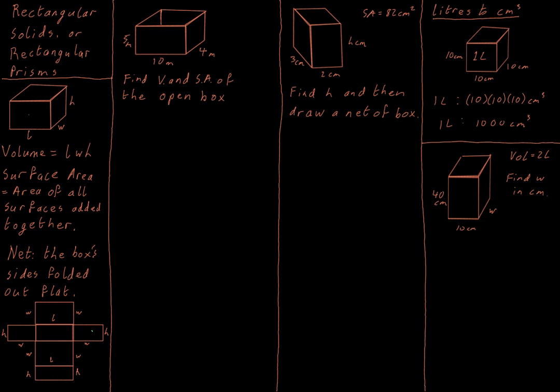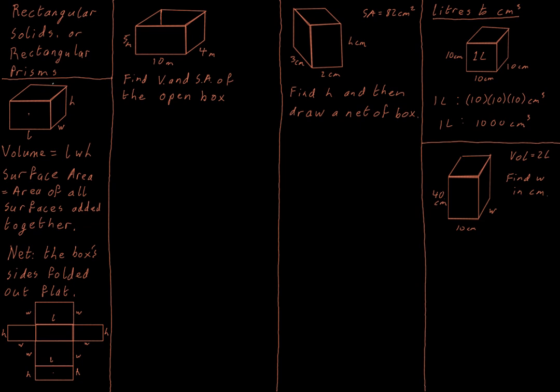Now there's nothing that says that this is the only way that we could unfold that box. There's loads of different ways that you could unfold the net of a box, and sometimes you'll be asked to do it in more than one way to show that you understand that. But all we're doing is taking a particular surface as an anchor, often the front of the box, and we say, okay, that's the front of our box. And then the next one I'm going to draw, I might draw the top of the box.